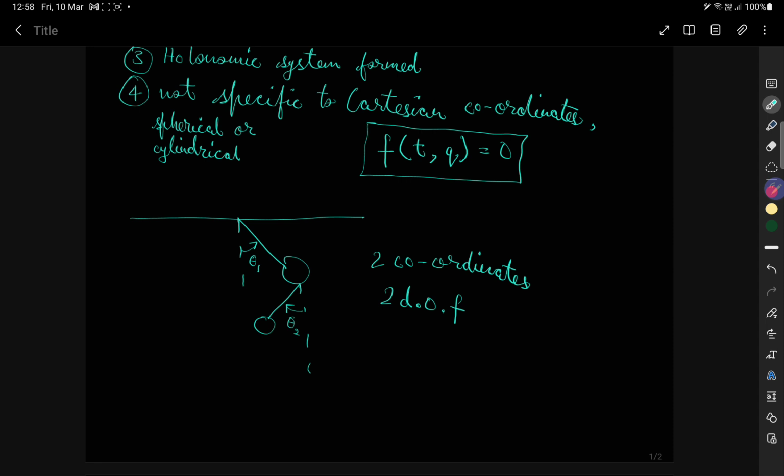So for a general double pendulum system, you guys may not be familiar with a double pendulum system, but I'm sure you're familiar with one pendulum at least. For a single pendulum, you usually use the angle between an imaginary normal line and your actual pendulum and define that as theta 1, correct? Now for a double pendulum, usually we're used to the system that is theta 1 and theta 2.